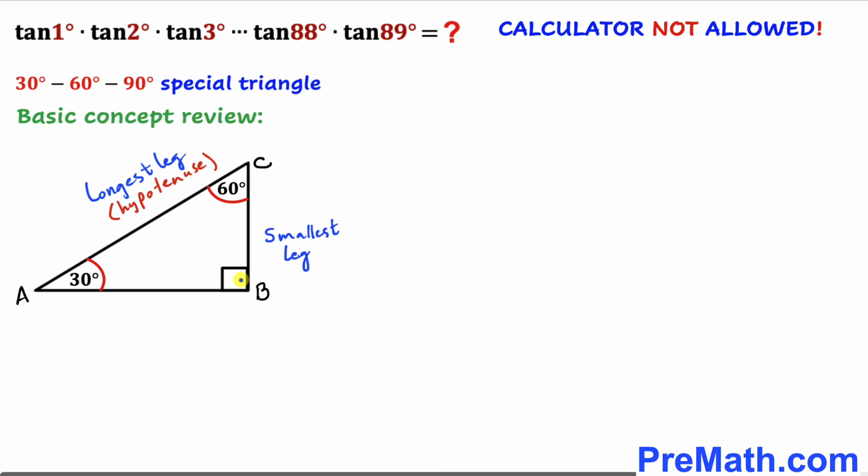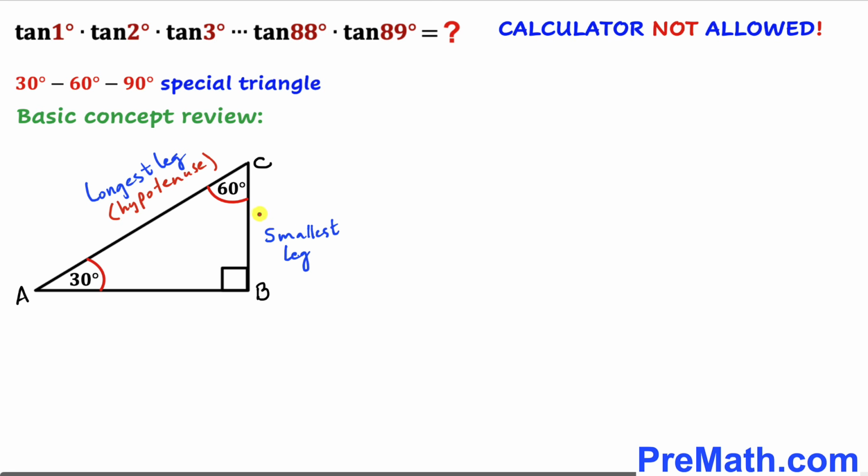So the side opposite to this largest angle is going to be our longest side, also called the hypotenuse. Whereas the side opposite to the smallest angle is going to be our smallest leg.